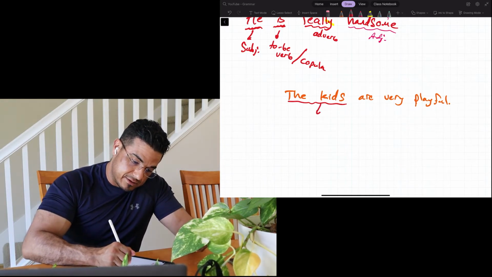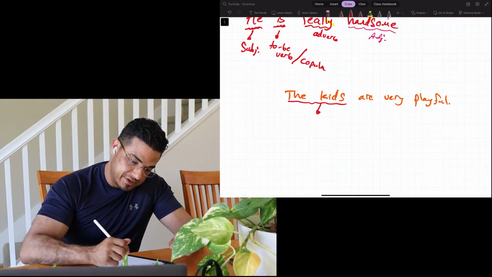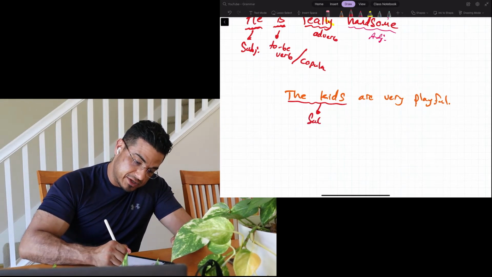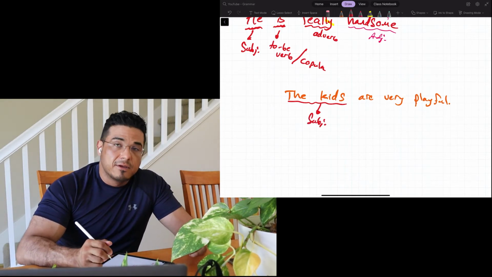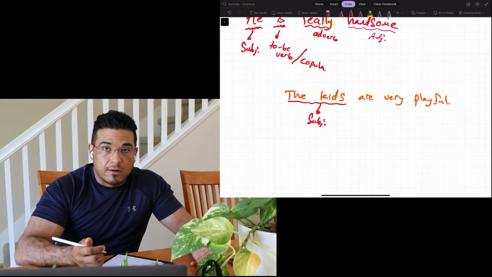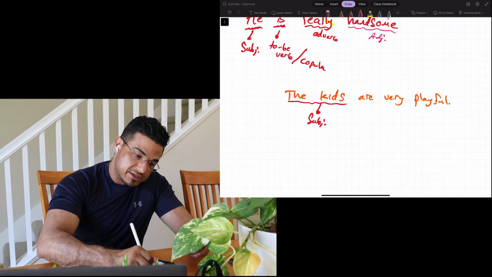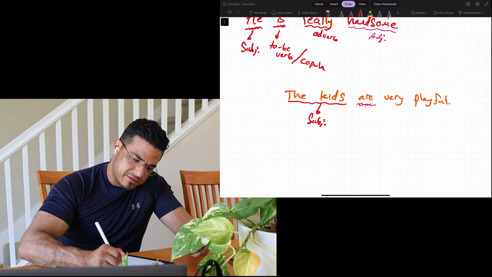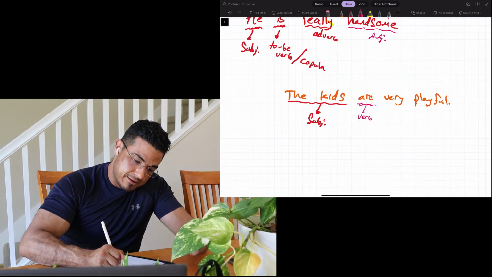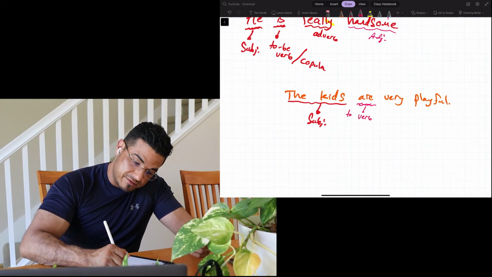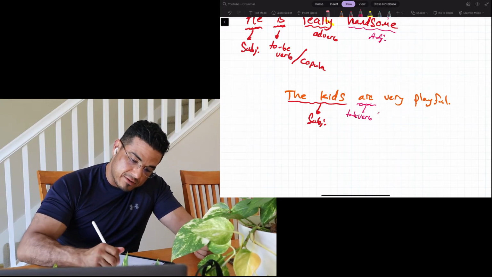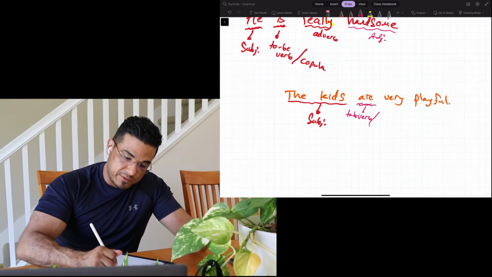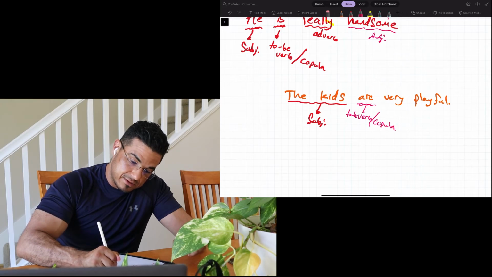The kids, that's the plural noun, the subject, because that's what we're talking about. Well, they are what? So are in this case is our verb, once again a to-be verb, and again, we refer to those sometimes as copulas.